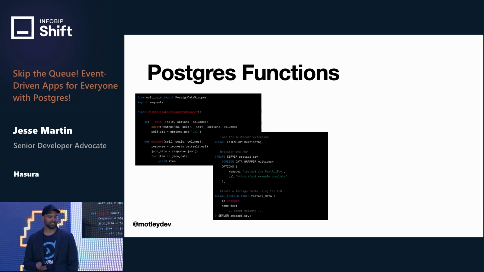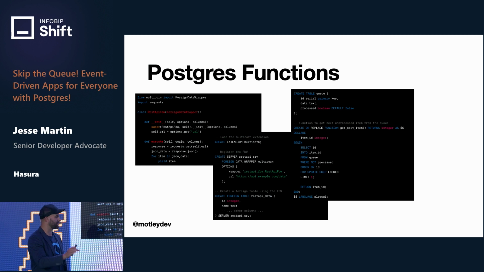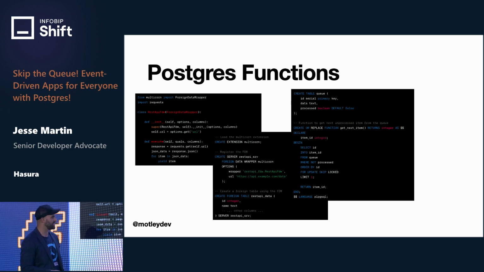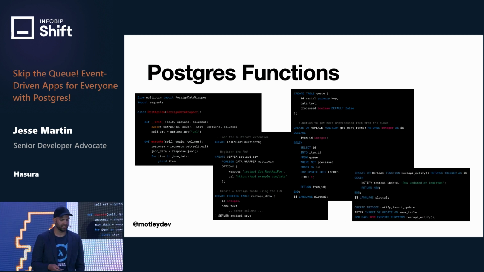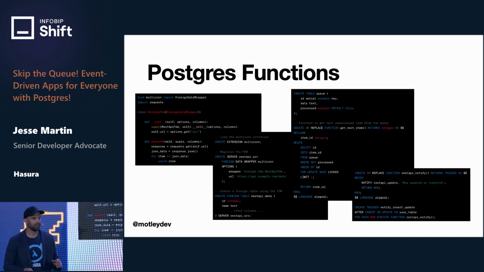You can then call those extensions inside of Postgres. You'll do something like creating an extension here, create a server, and then pass in where you want to handle the data. Then you add an event listener that says, whenever some data capture changes, I'm going to call this extension. And essentially, you have a flow for event-driven programming inside of Postgres.